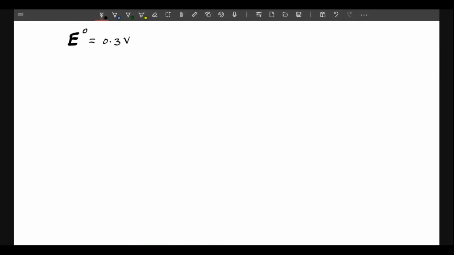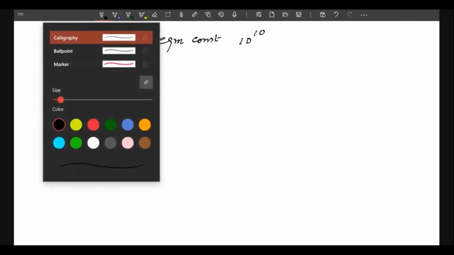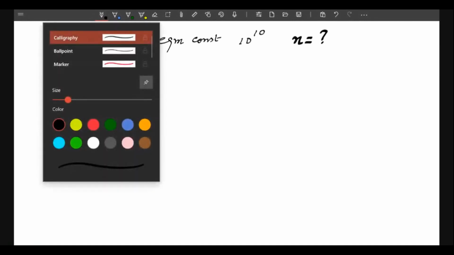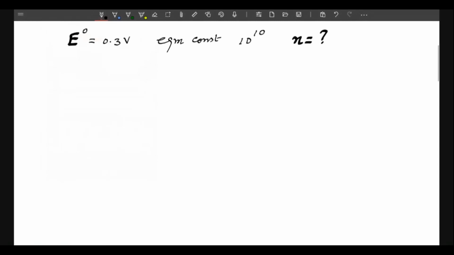The equilibrium constant of the cell reaction is found to be 10 power 10. Calculate the number of electrons involved in the cell reaction.